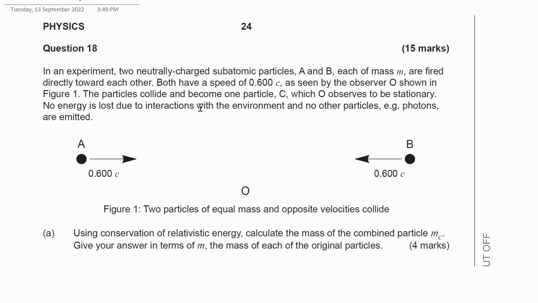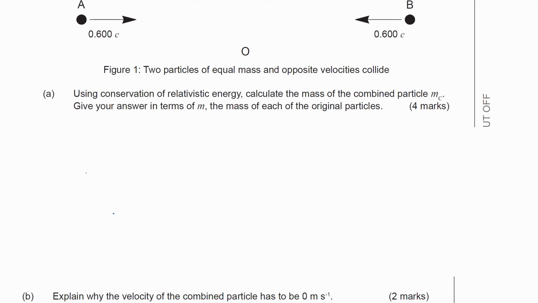Part A. Using conservation of relativistic energy, calculate the mass of the combined particle MC. Give your answer in terms of m, the mass of each of the original particles. Let's start by writing some information down. So the particles MA equals MB is equal to m.